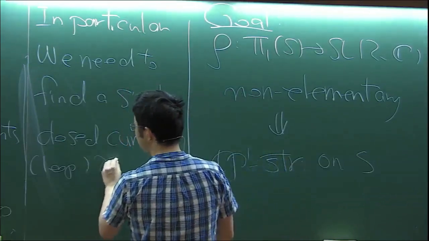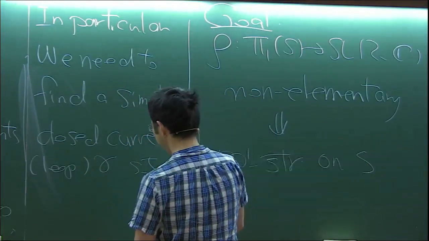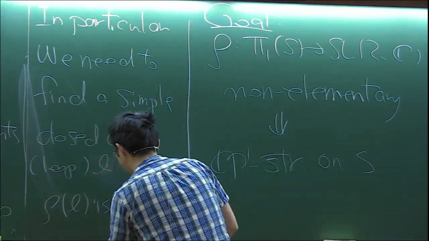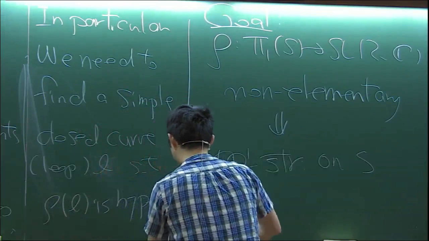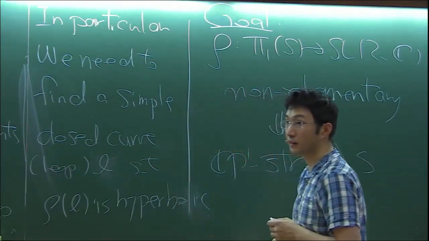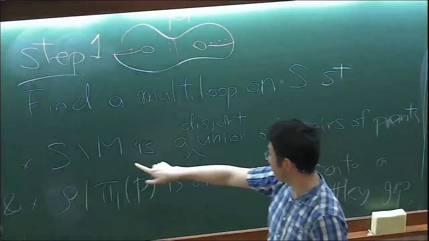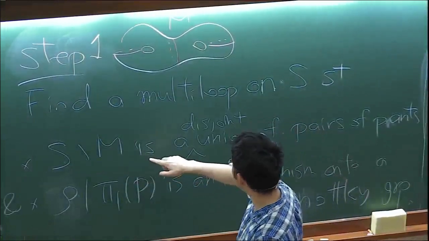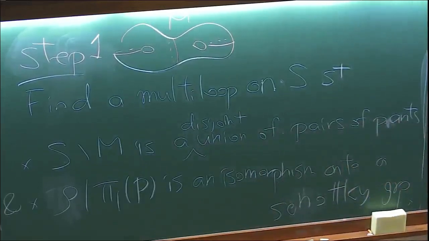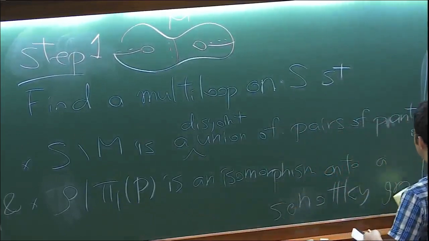Call it, say, gamma. What is gamma? Such that rho of gamma is hyperbolic. Okay? Because in particular, those multi-loops we are cutting the original closed surface along must be hyperbolic elements, because they are boundary components of pairs of pants. So this is for all pairs of pants.